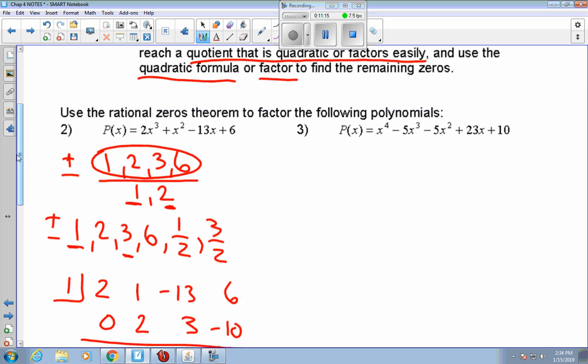All right. List the possible roots for number 3. Just list them.